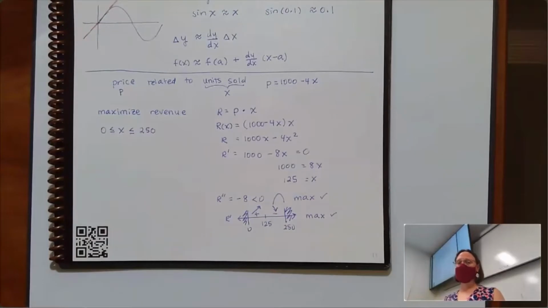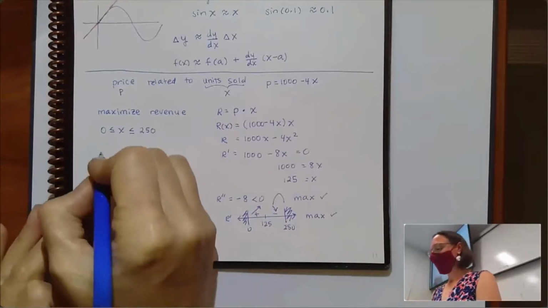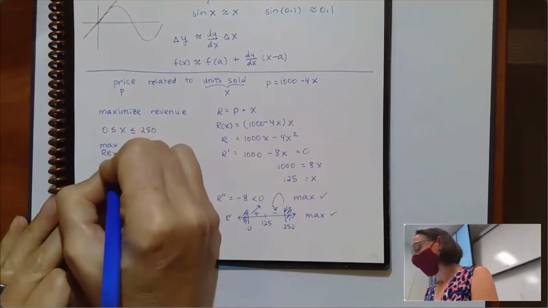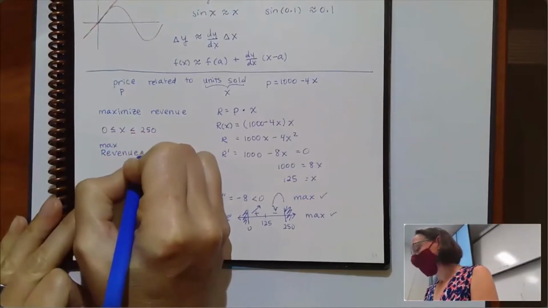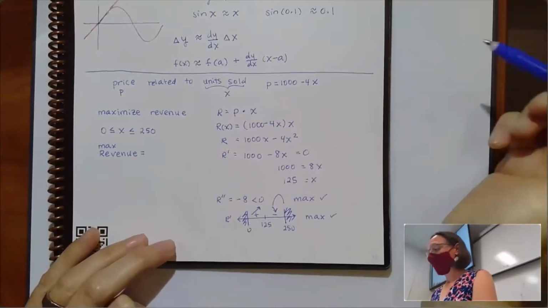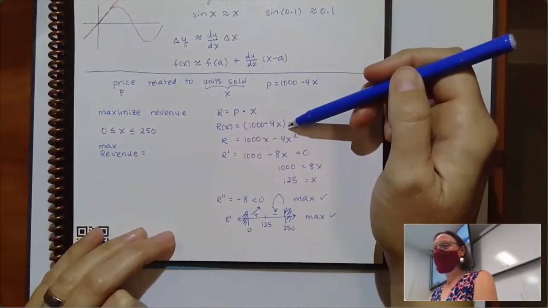In terms of answering the question, I don't remember if it asked us for the revenue or the number sold. So just to be safe, I know that our max revenue, I'm going to take that 125 and plug it back into our revenue equation.